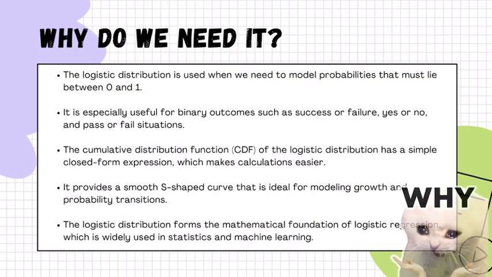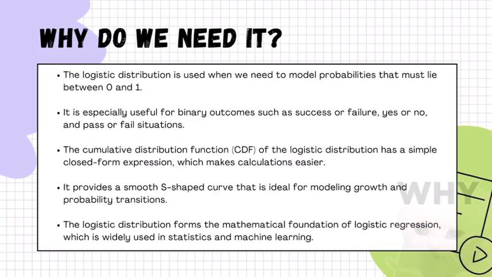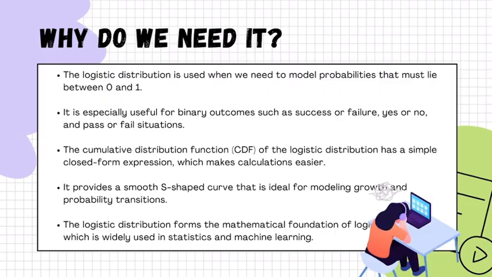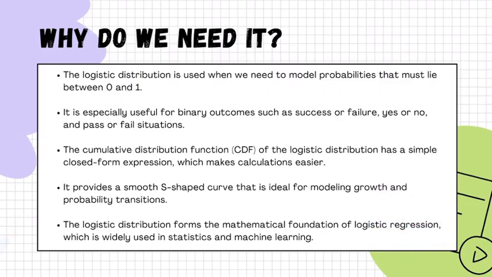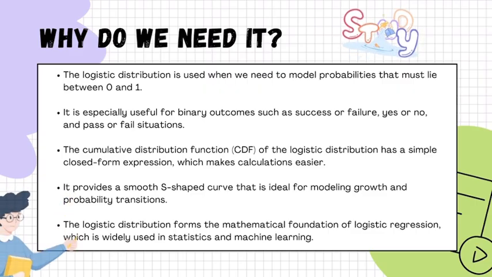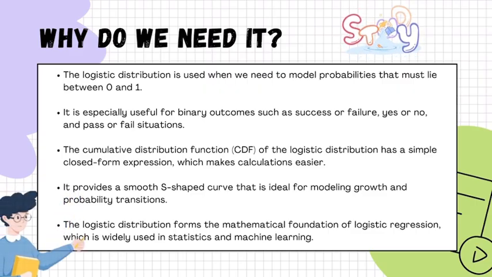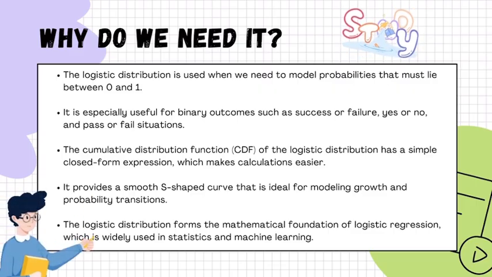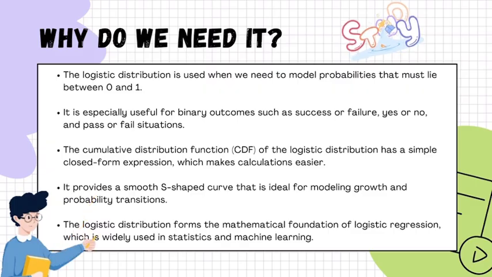Let's move on to why we need it. We need the logistic distribution when we are working with probabilities that must always stay between 0 and 1. This is especially used for situations with only two possible outcomes, like yes or no, success or failure, or pass and fail. Another reason we use the logistic distribution is that its cumulative distribution function has a simple mathematical form, which makes calculation easier.